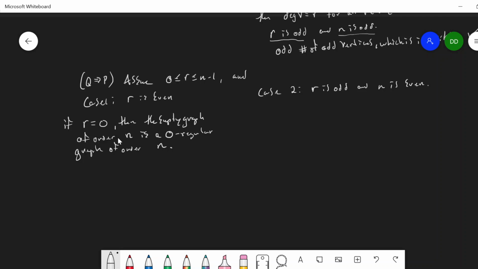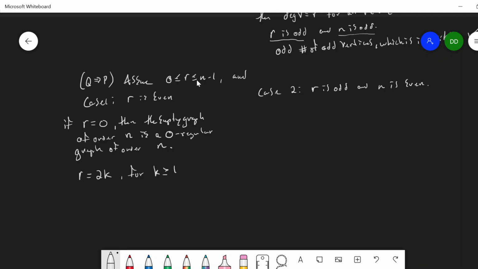So that means we can throw this case out, and that means we can assume R equals 2k, right? It's even for some k greater than or equal to 1. And by our condition of degrees here, n is greater than or equal to R plus 1.